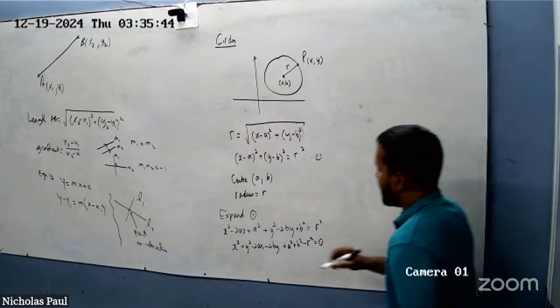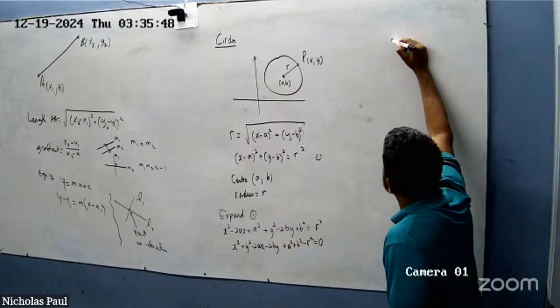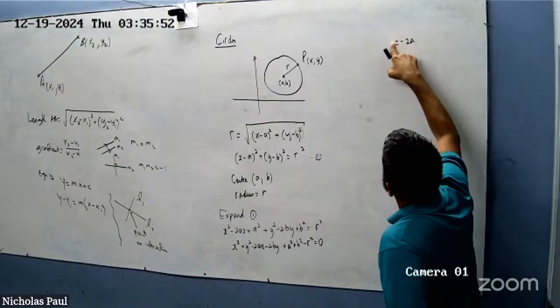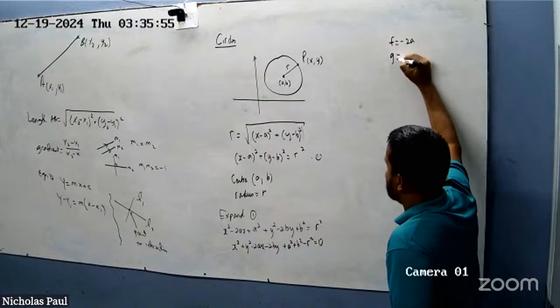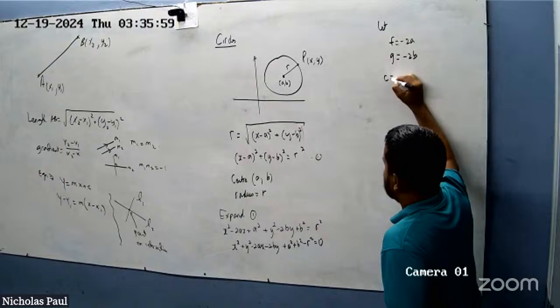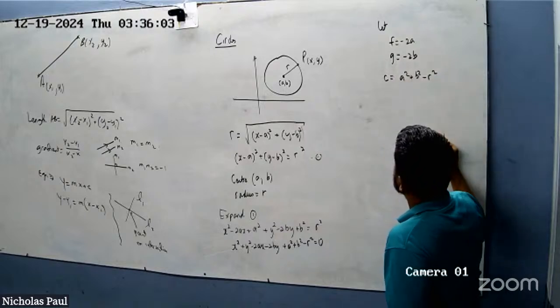To make it look a little more familiar, we could let g equal minus a, f equal minus b, and c equal a squared plus b squared minus r squared.